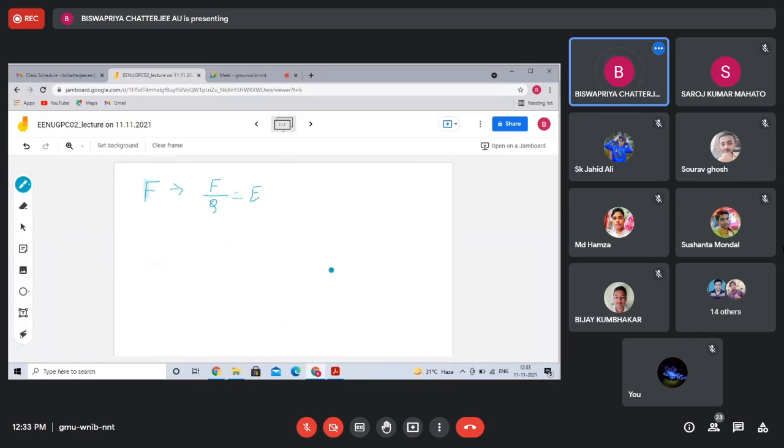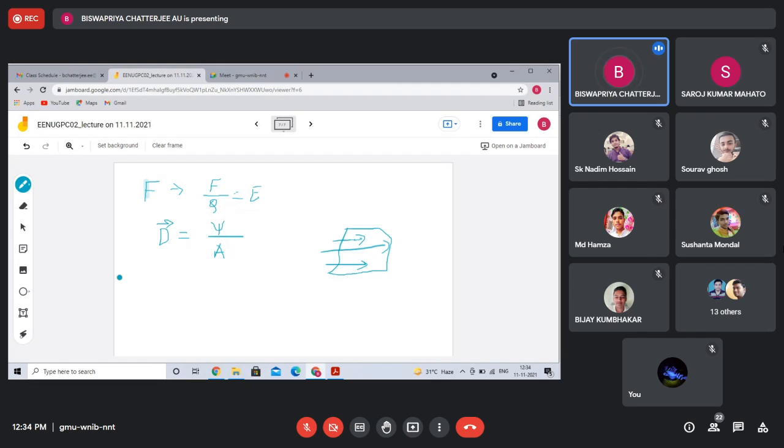So electric flux density is D. It's given by electric flux per unit area. If you consider an area, then how much flux is passing through that area is the definition of flux density.